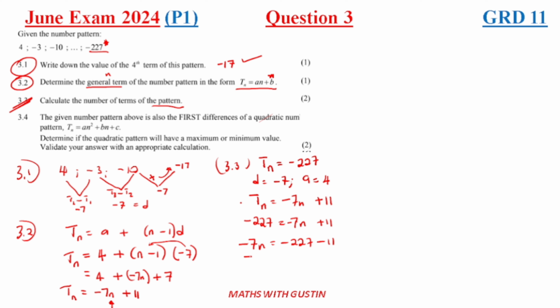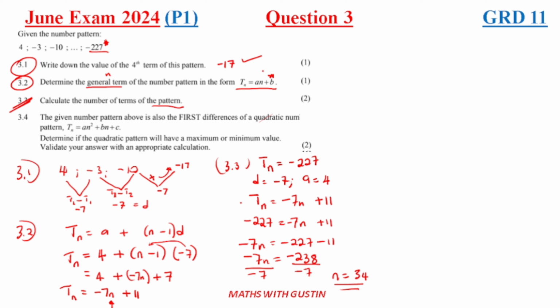Then it's going to give us negative 7n all over negative 7 equals negative 238. Divide everything by negative 7. There you go. Then therefore it's equal to n, it's equal to how much? When we divide here, we found that n is equal to 34.